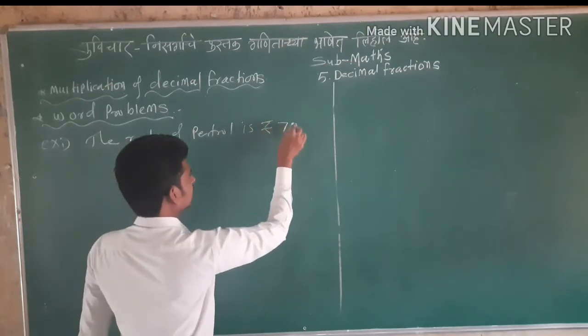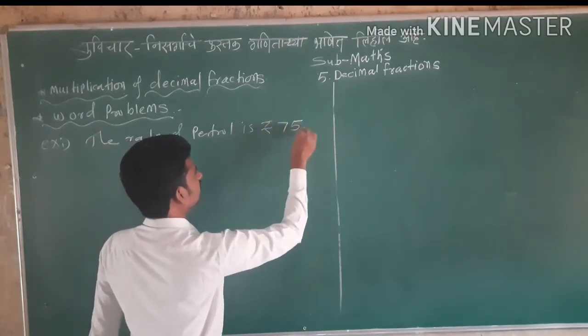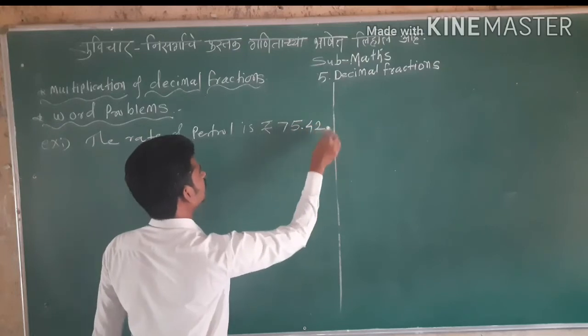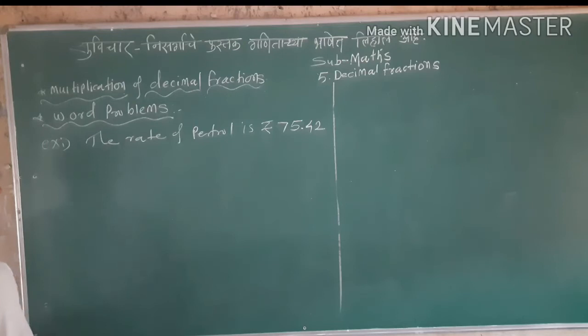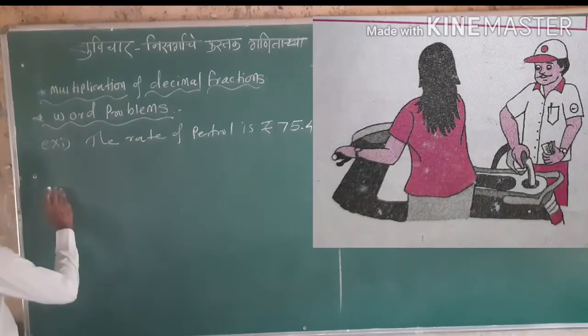The rate of petrol is rupees 75.42, that is 75 rupees and 42 paise.